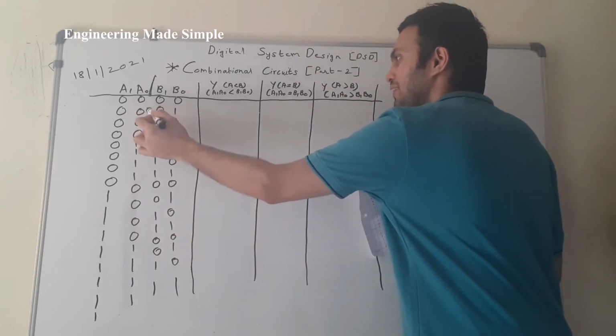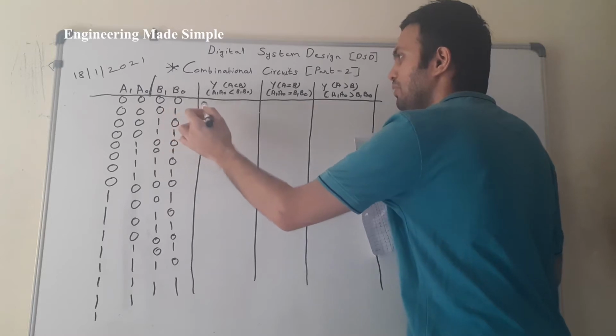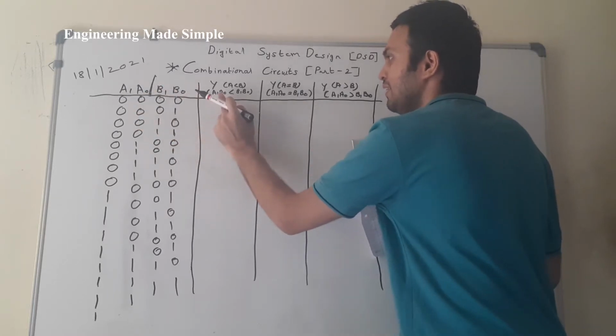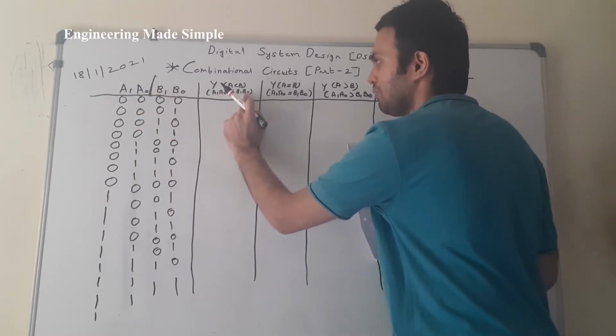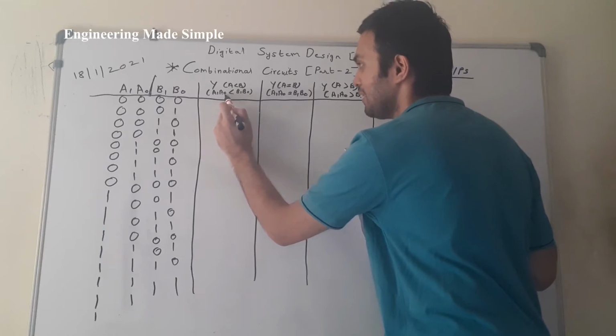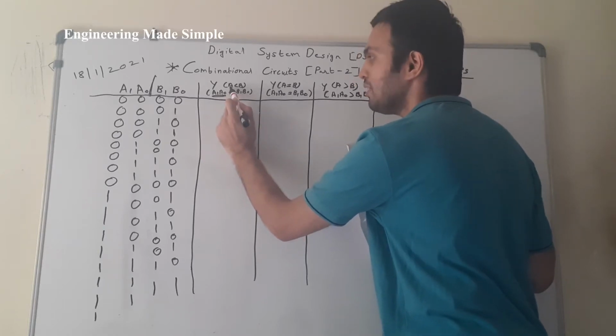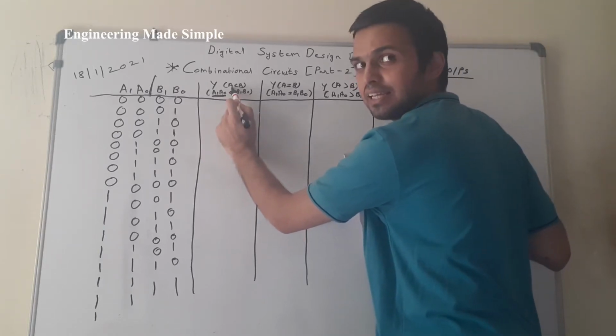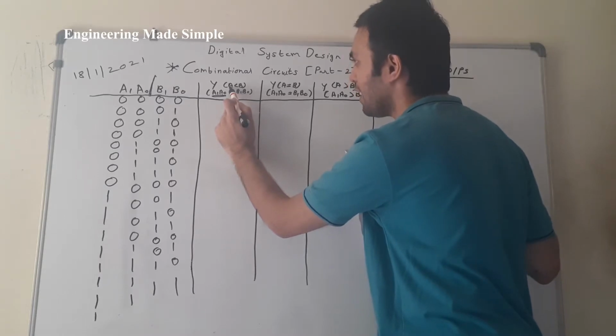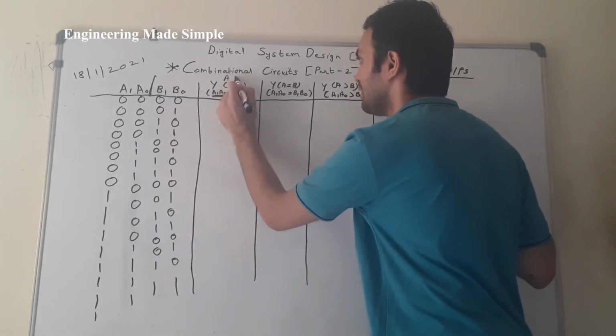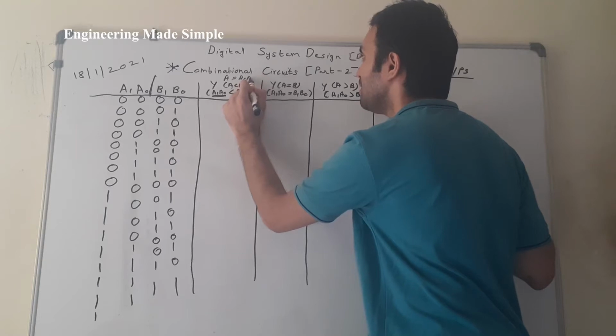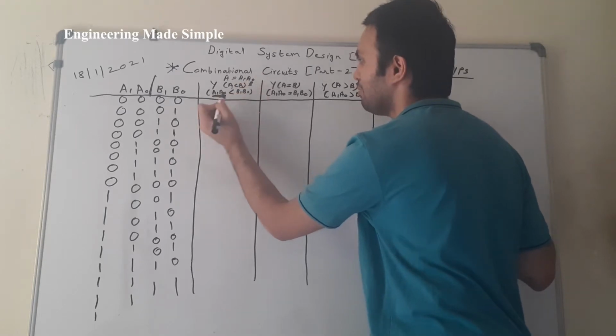So A1 A0 and B1 B0. Now this A1 A0 is considered as a number or a word, so it is abbreviated as A. It will come in the column of Y. A is nothing but A1 A0, and B is nothing but B1 B0.